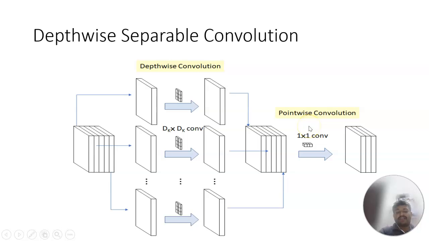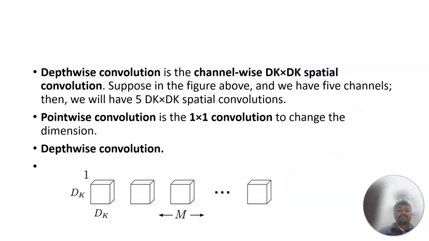This is the same as mentioned previously. Then this is converted into 1 cross 1. Here dk is any number, but it is converted into pointwise, meaning you can convert into one point to point. This helps in precise classification of images, and it may give good efficiency also. Depth-wise convolution is the channel-wise dk spatial convolution.